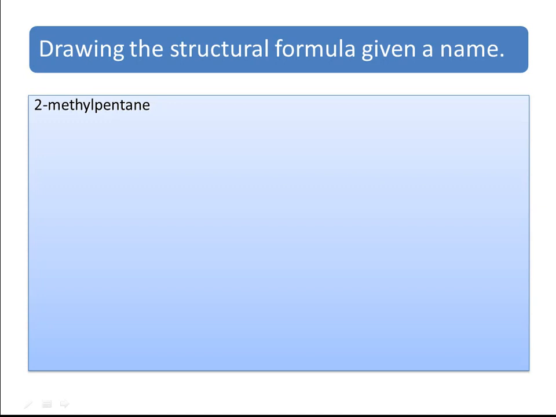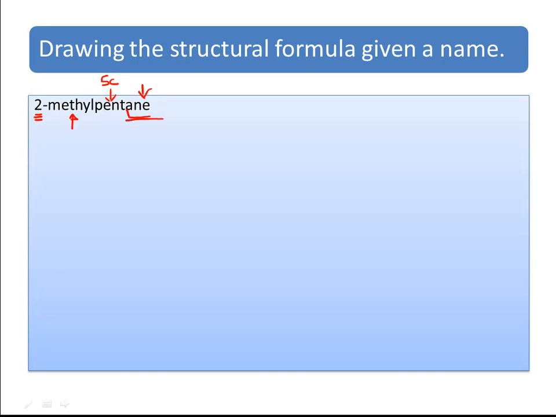So we start from this end here. This suffix -ane tells us that there is no double bond, and pent tells us that there are 5 carbon atoms in the chain, and methyl, there is a methyl group which is sitting on carbon number 2 of that chain. That's what this name is telling us.